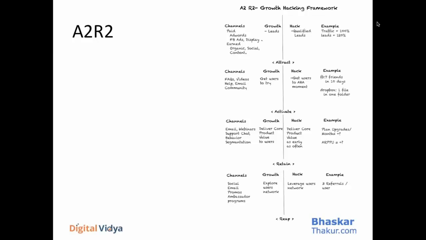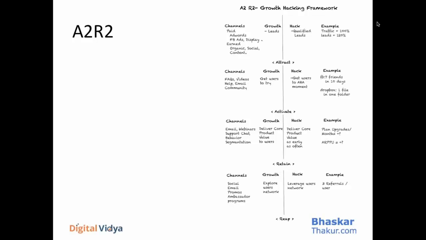Now, for some products, the sequence may be different. You may want people to refer first and then monetize them. So that part is flexible to a certain extent. Growth hackers understand the customer life cycle and then use analytics tools to map them to various stages.